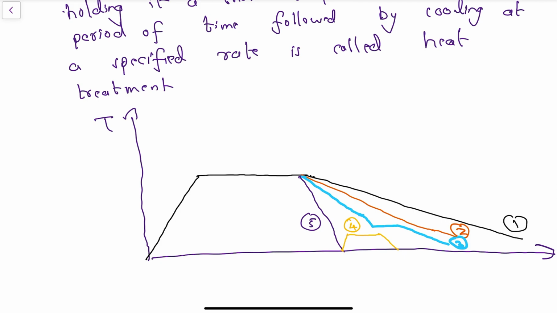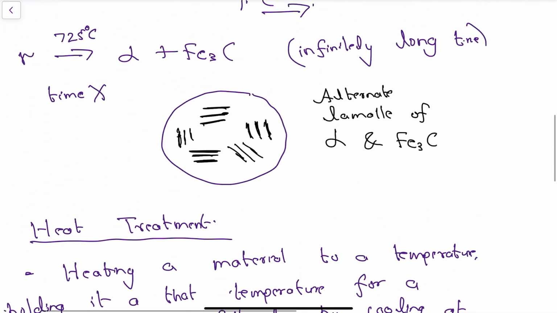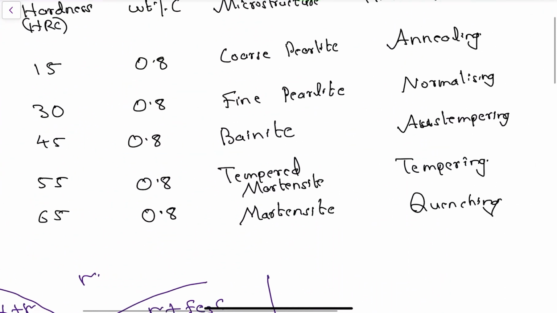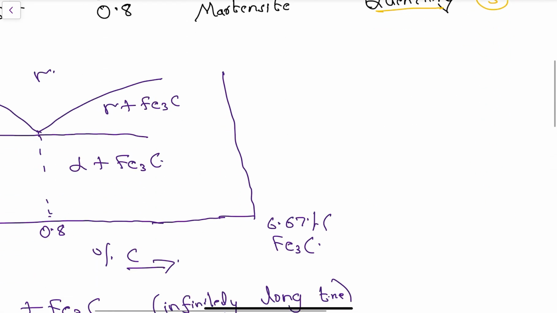So let us look at what these different processes are. In the earlier experiment, I discussed various processes, that is annealing. This corresponds to 1, normalizing corresponds to 2, this corresponds to 3, this corresponds to 5, and this corresponds to 4. So these are the different processes.